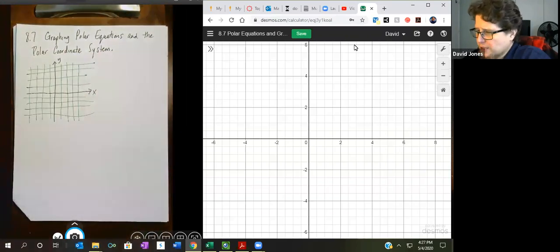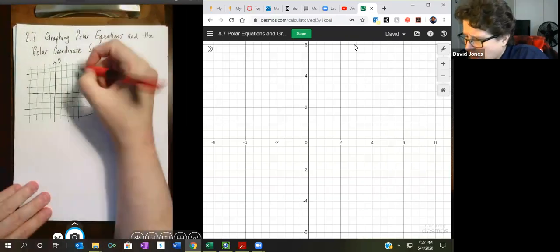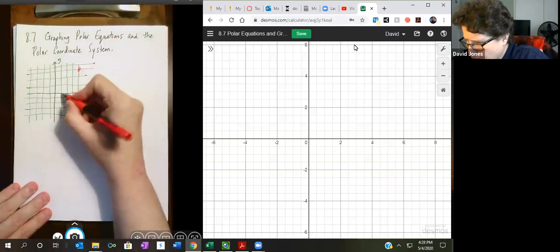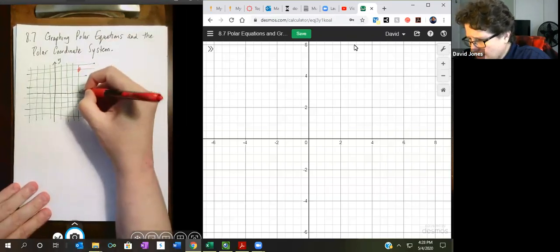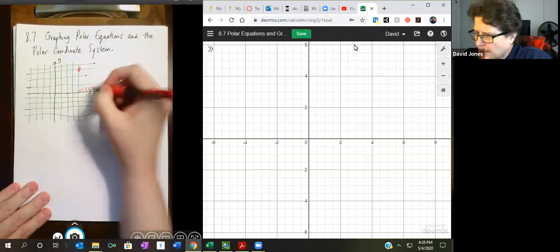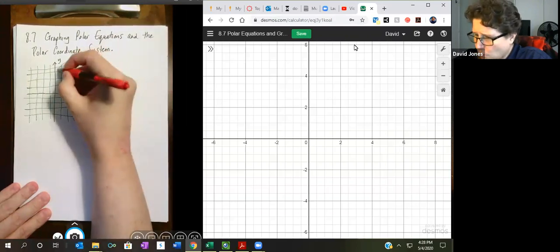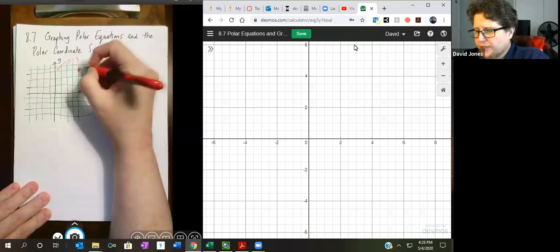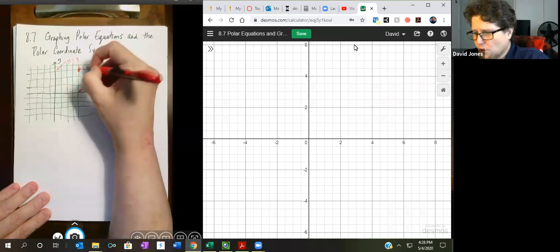Going to a specific point on the grid, like this is 1, 2, 3, 4. This is X equals 4. This spot right here is Y equals 3. This coordinate here was X, Y, which was 4, 3.